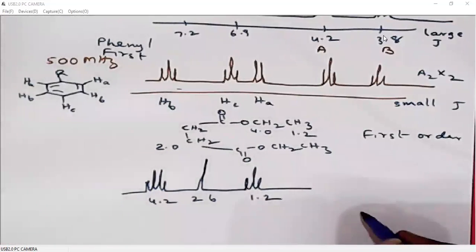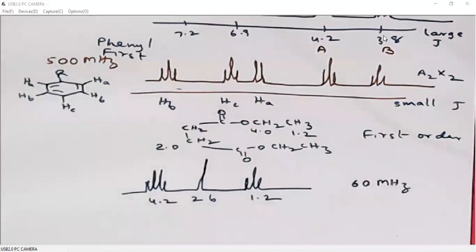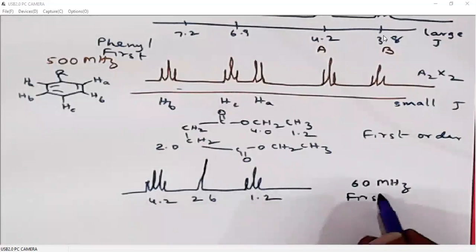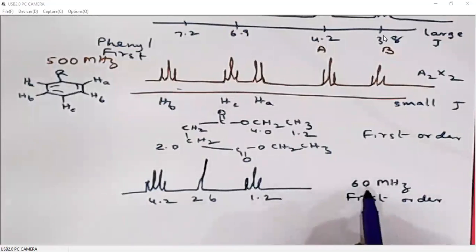Now this spectrum was collected on a 60 megahertz instrument. That means if the chemical shift differences are large, then we can easily expect a first order spectrum. If the chemical shift differences are small, then we expect a second order spectrum at low magnetic field strength. But at a high magnetic field strength, the spectrum will have high resolution, so it becomes first order.